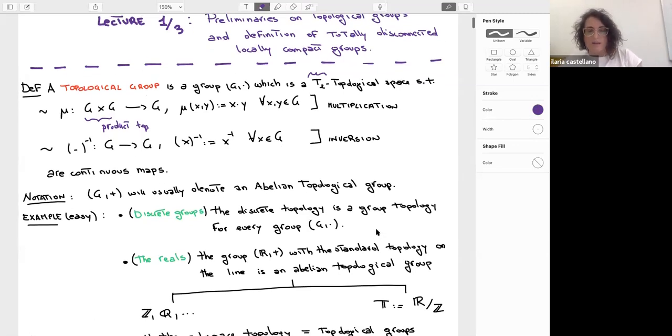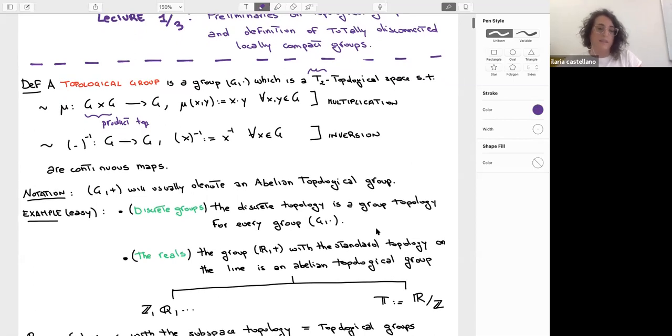Then we have the reals. The reals, anyone knows this group. This is an abelian group, and you have the standard topology on R coming from the Euclidean metric. And with this topology, this group is topological, so the addition is continuous. And then inside R, you can look at some subgroups, for example, Z and Q, or you can look at some quotient group, and you still discover that these are topological groups again.